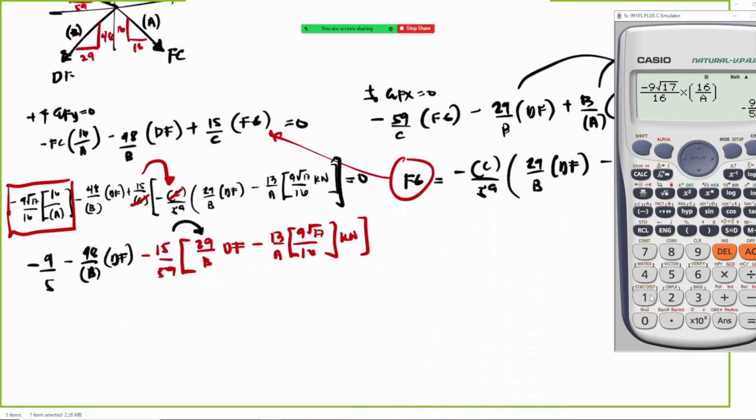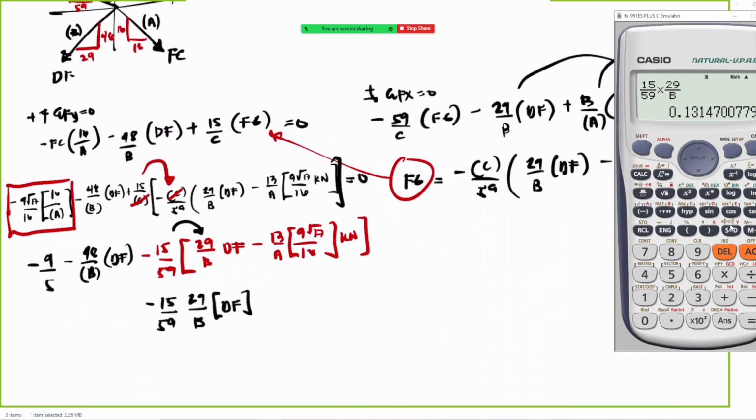Tama? So that is 15 over 59 times 29 over store B. Okay? So pwede nating isulat na lang 15 over 59, 29 store B, and then DF.